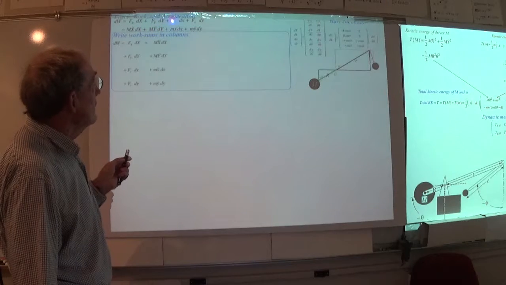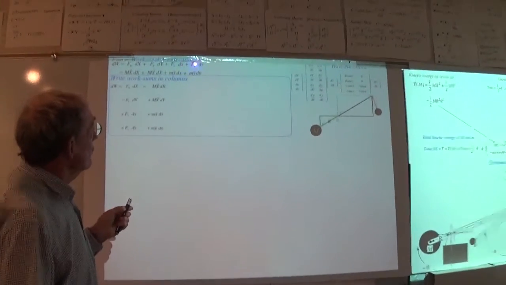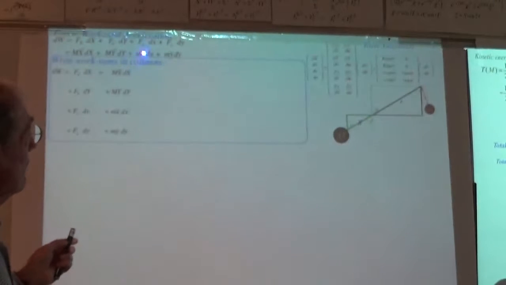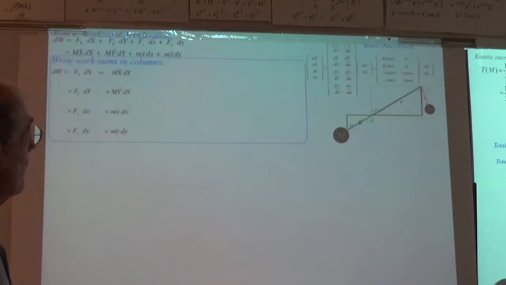Little x, and this should have been a y here, that's a typo, m x double dot and m y double dot being the Cartesian forces. So I'm just going to write these in columns here.